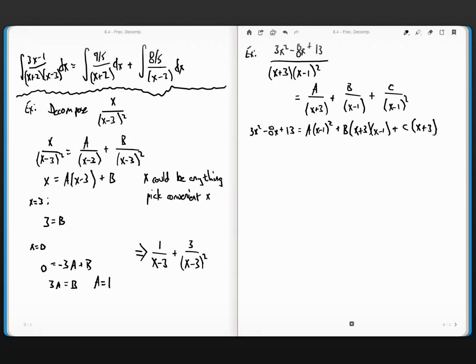Okay, and again, this works with any x. So the game becomes just pick convenient values of x.